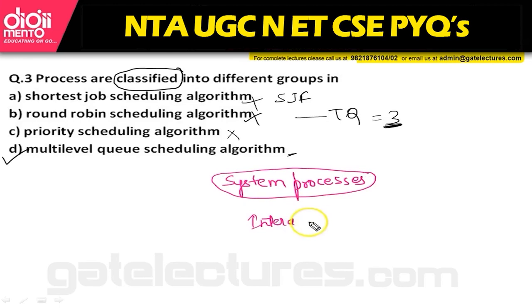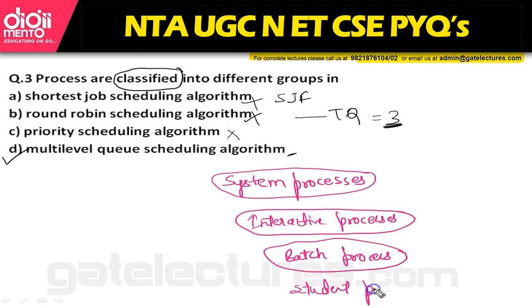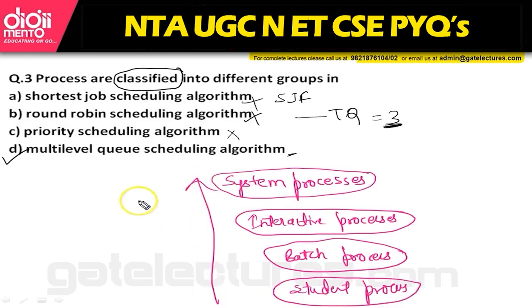Interactive means like when you play games and all. We call them interactive processes. And let's say I have a few batch processes which need to be run in batches, and a few student or user processes. Obviously our system processes will get higher priority.